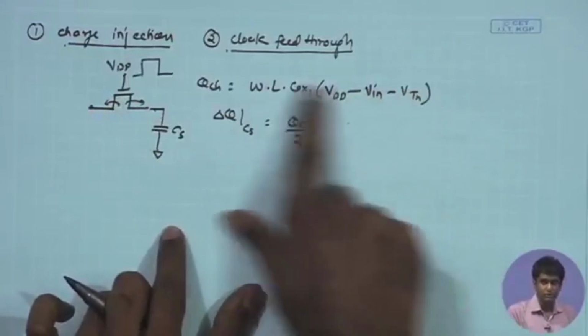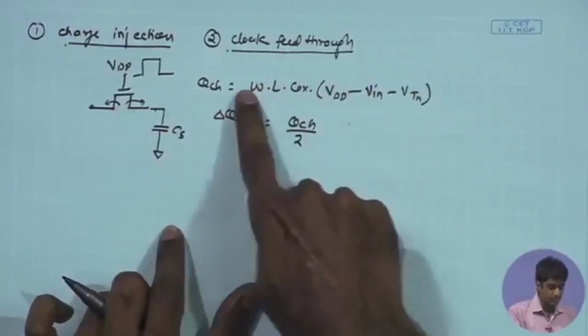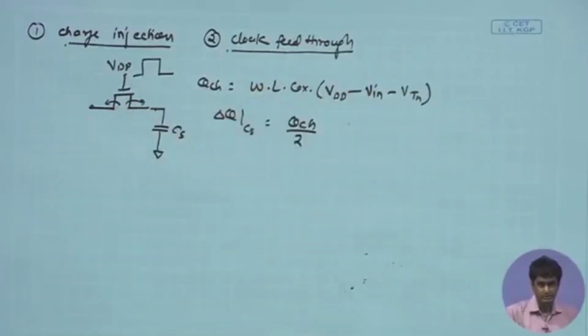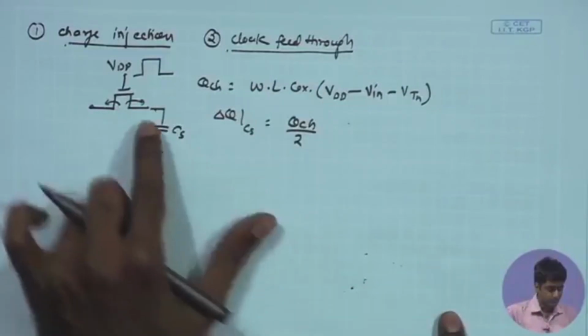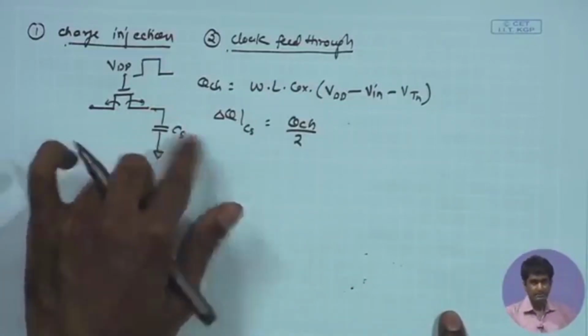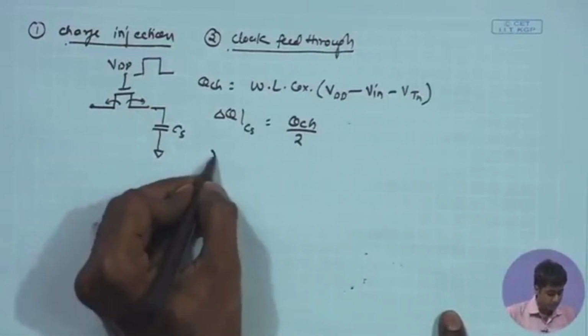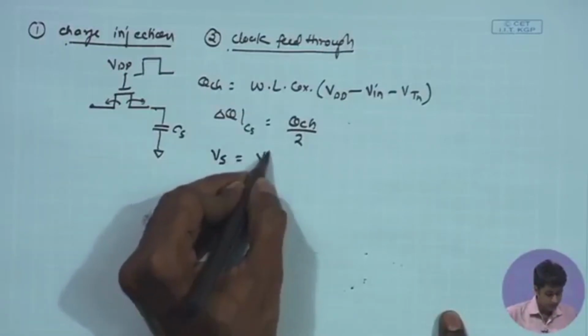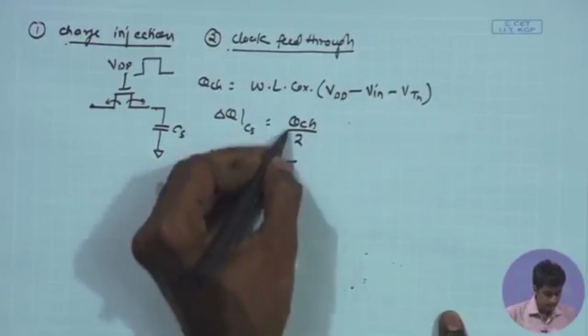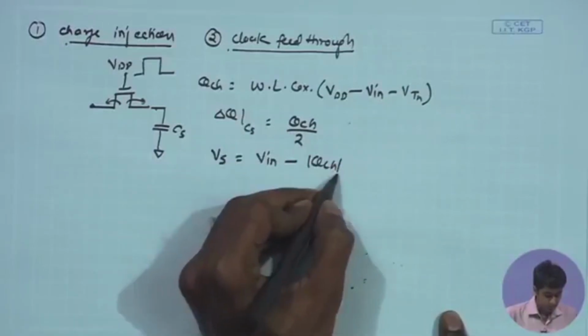So, this is basically going to be a negative QCH, minus sign, injected onto the CS, and therefore, what we can expect is that as compared to the V in, the V sample would be V in minus mod QCH upon 2.